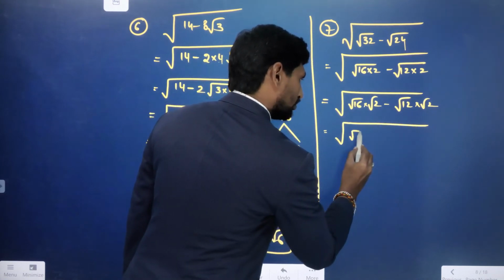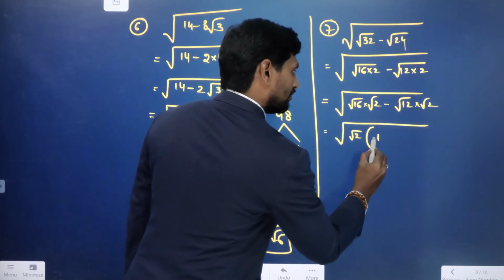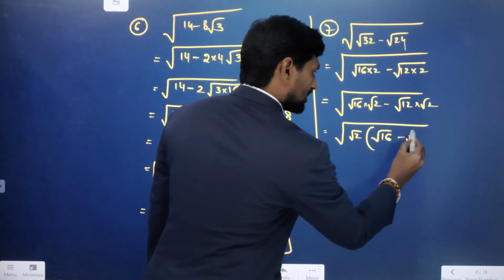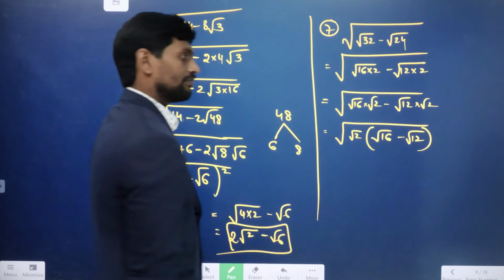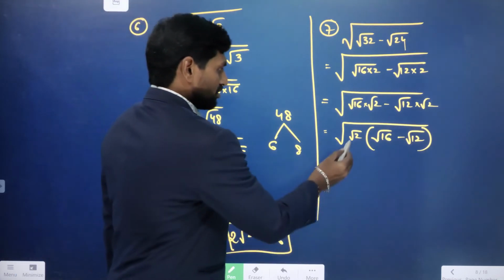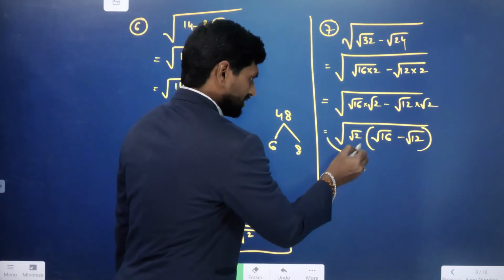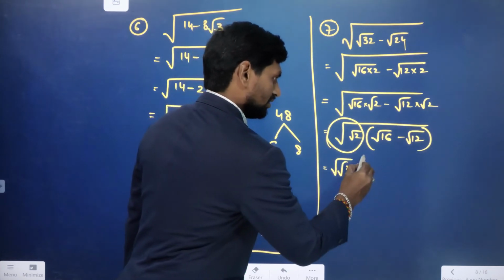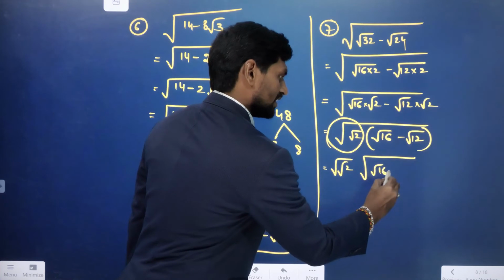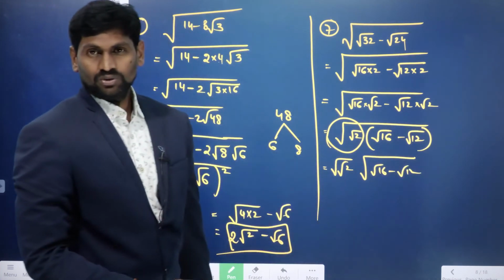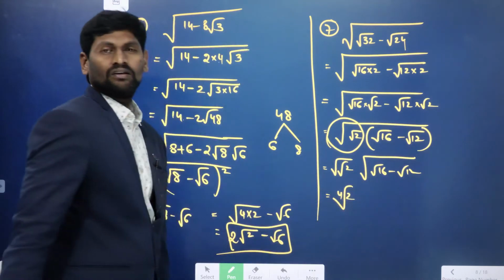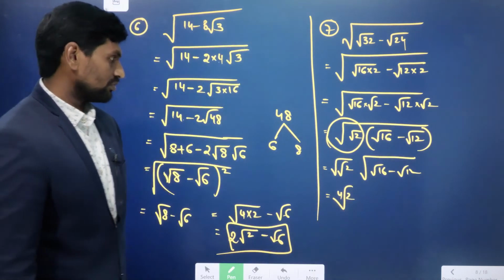I can take root 2 as common. Still I have root 16 from the first term and root 12 from the second term. Okay na? So like this, we can separate again. So this is root over root 2 into root over root 16 minus root 12. Root over root 2 is nothing but fourth root 2.